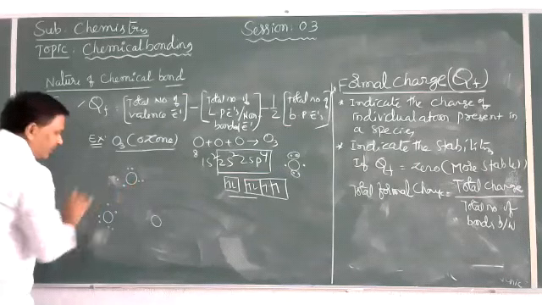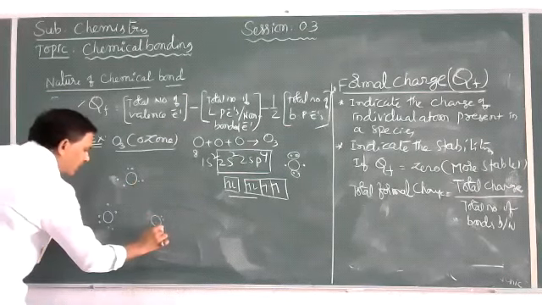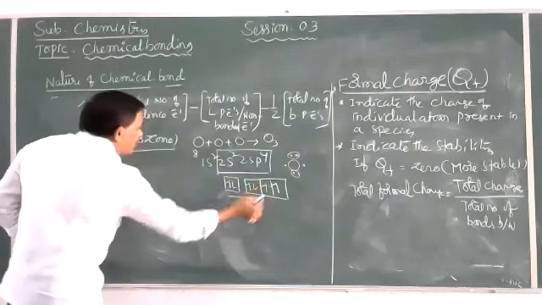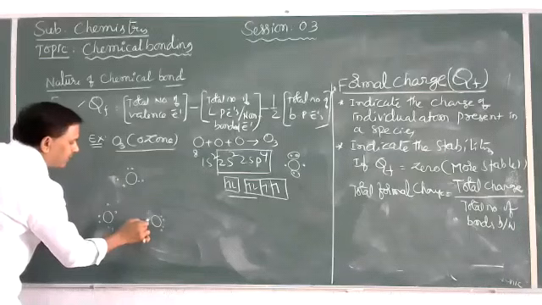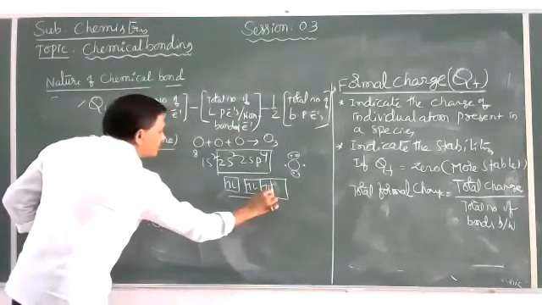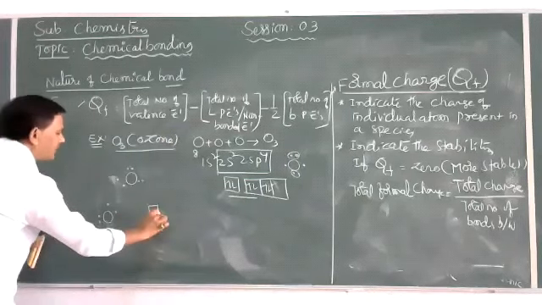This is the lone pair. And again, these are 2 lone pairs. Again, for this oxygen atom, particularly, 1 lone pair. After shifting, it becomes a vacant orbital. In this case, your vacant orbital is present.